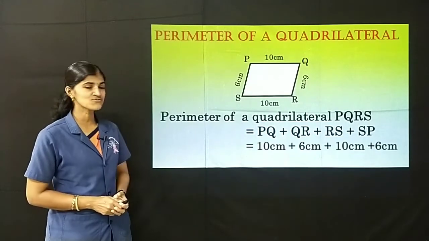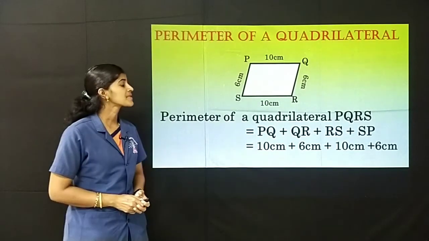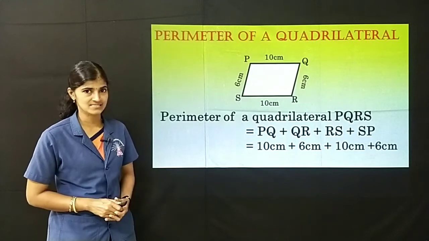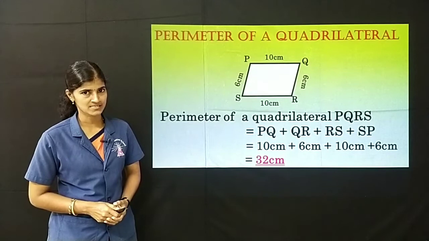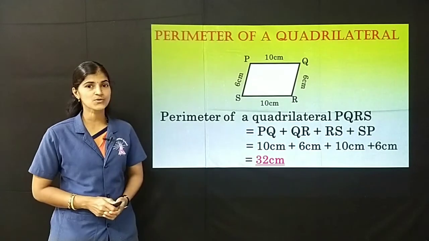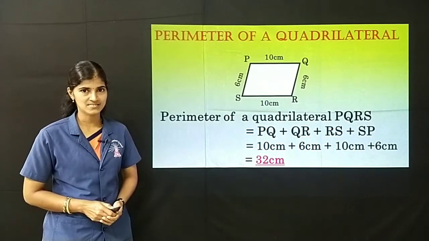Putting in the values: 10 centimeter plus 6 centimeter plus 10 centimeter plus 6 centimeter. The sum will be 32 centimeter. So the perimeter of the quadrilateral PQRS is 32 centimeter.